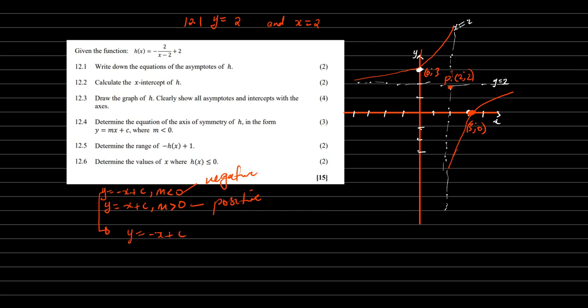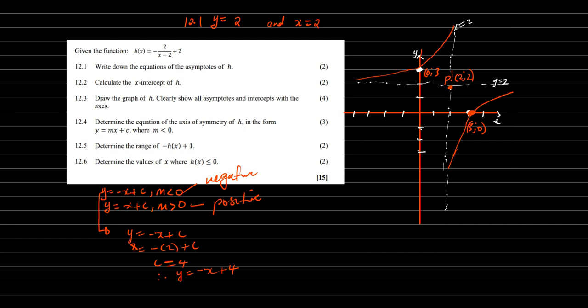We substitute 2 and 2, the intersection of the asymptotes. So we'll have 2 equal to negative into 2 plus c. Therefore, c is equal to 4. Therefore, we'll say y equal to negative x plus 4. That is the equation of axis of symmetry. So we are done with that question.